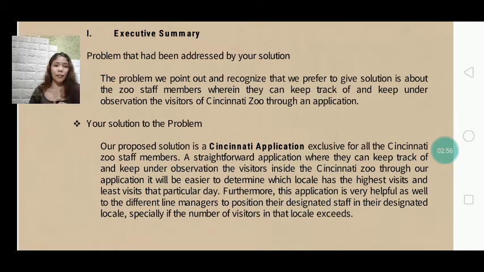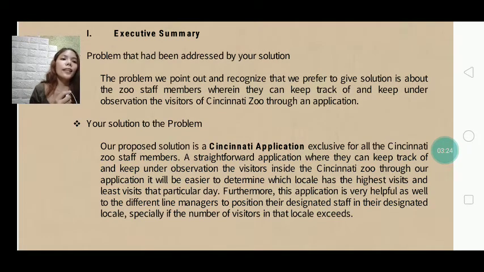For the zoo administrators, it will help them to have a clever marketing scheme to execute their next objective and to increase revenue. And for the zoo staff members, it will be easier to identify which has the lowest sales so that they can ameliorate and think of a better marketing scheme.